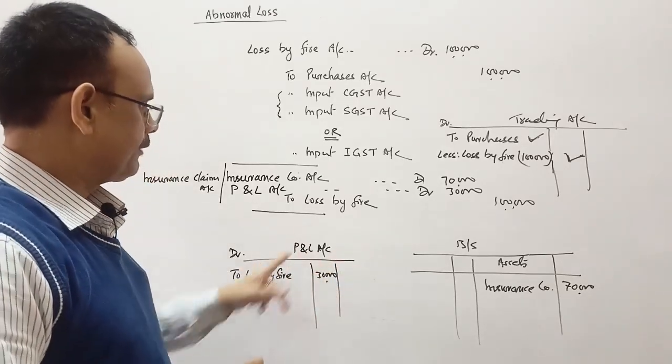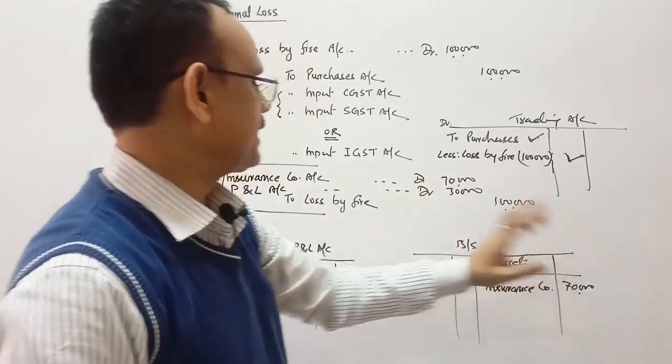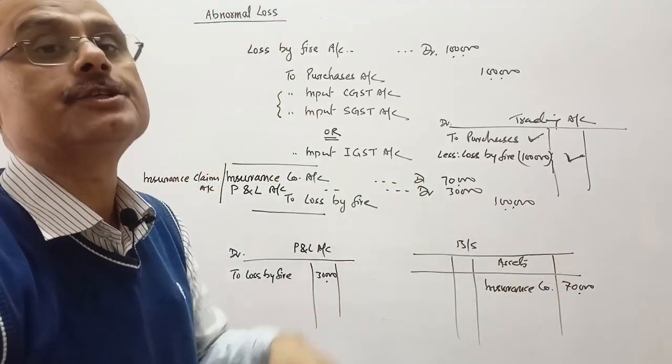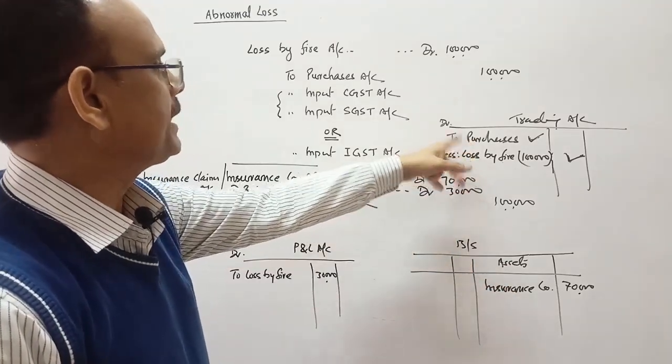In the profit and loss account debit side, this 30,000 is shown, and 70,000 will be reflected in the asset side as insurance claim. In the trading account, this will be deducted from purchase.